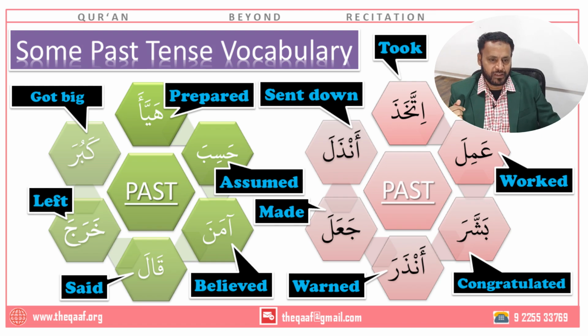Because they are all past tense. That's how they sound. That's how we tell the difference between present tense and past tense. Present tense has its own format. So by looking at the way these words are ending, the way they are constructed, a student of language can easily tell this is the past tense. And this is not an ism. Isms are written differently. Verbs are different. So they have their own specific format.